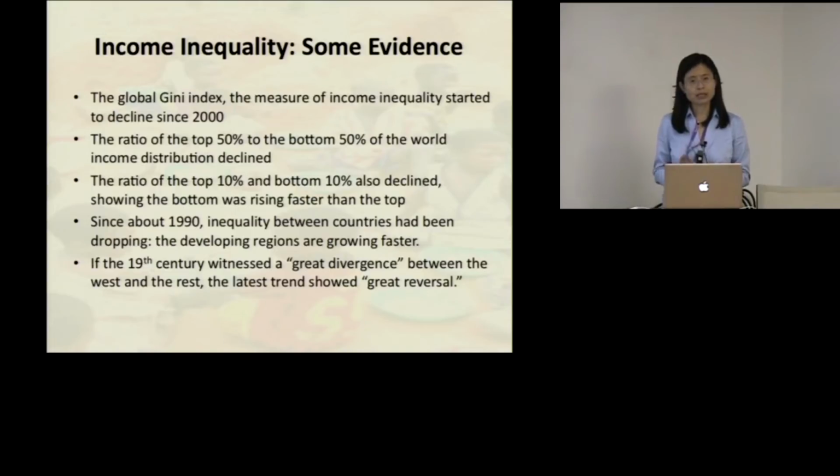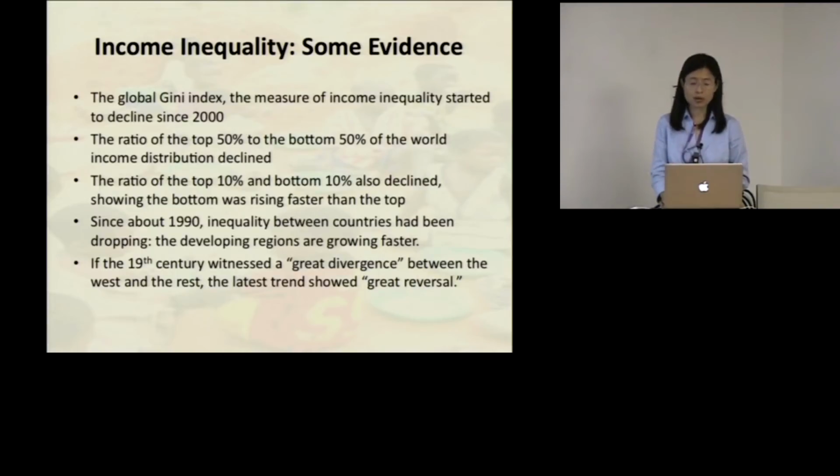That shows that the poor countries are advancing faster than the rich countries are growing. So the conclusion is that if the 19th century witnessed a great divergence between the West and the rest, then the latest trend shows a great reversal.